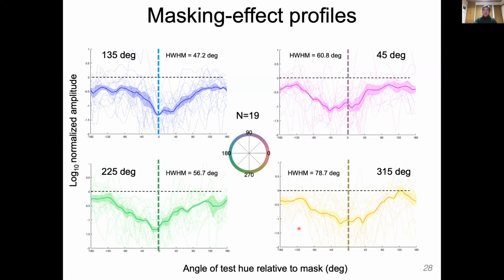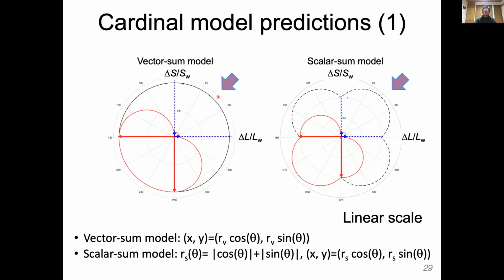And again, we tested whether this result can be modeled by the cardinal model prediction. Again, this is a vector sum model, which assumes that the response to a particular hue is a vector sum of the horizontal and vertical components.